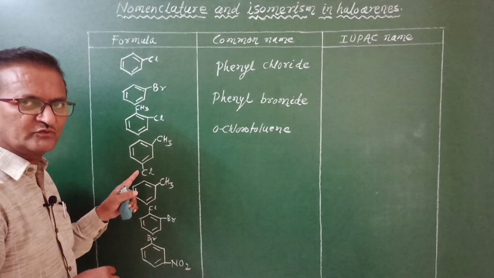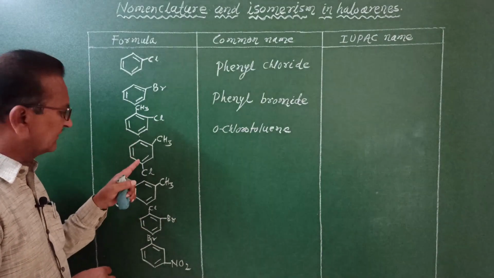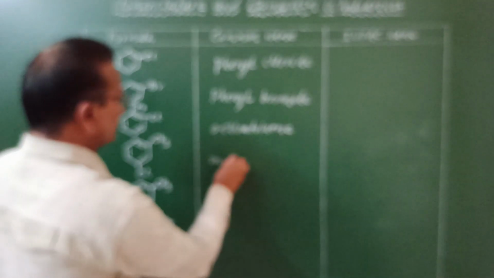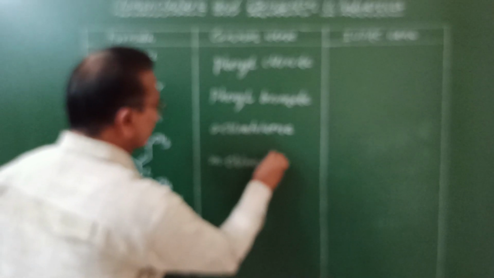If substituents are present at carbon number 1 and 3 in the benzene ring, these are the two substituents present on the benzene ring, 1, 2 and 3. And what are the positions of substituents? 1 and 3. This is denoted as meta, or in short m-chloro. m means meta: metachlorotoluene.